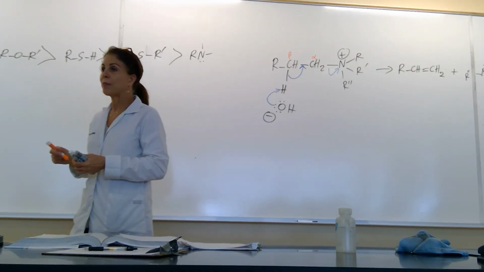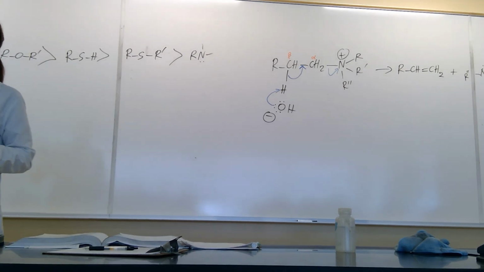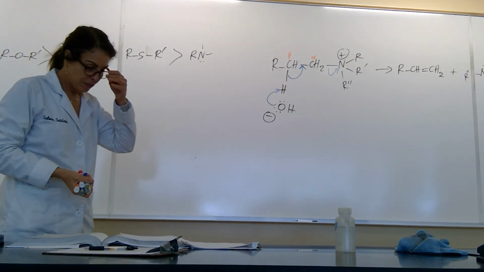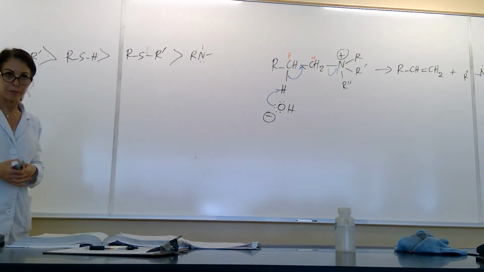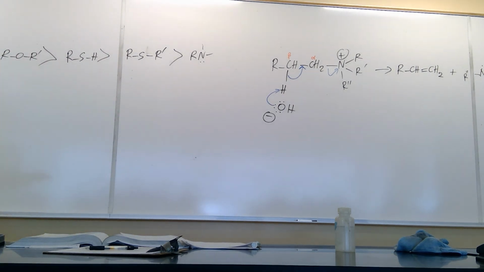So quaternary amines, they don't react, they're super stable. The only time they react is if you use what? A strong base that drives. Okay? Now let me give you another example. So is everybody understanding this?